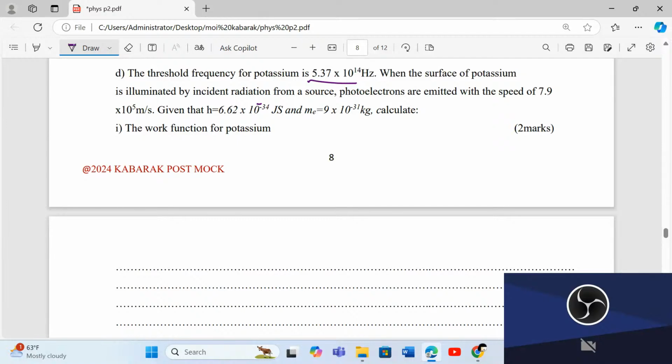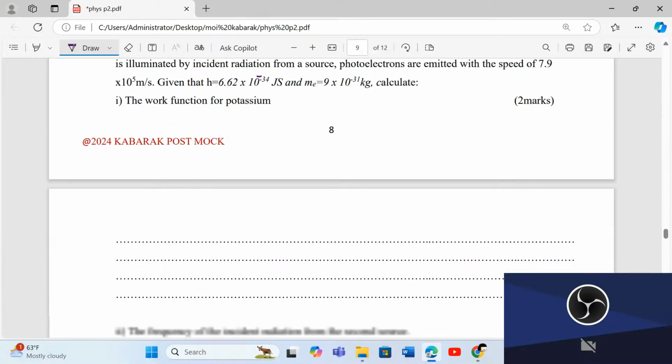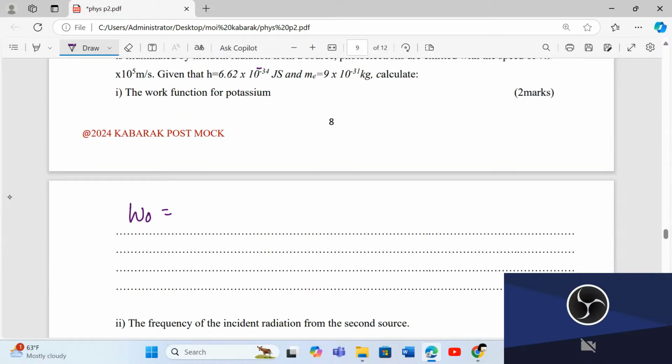Then we know that work function is given by hf naught. Therefore, this is 6.62 times 10 raised to power negative 34 times the threshold frequency we have been given as 5.37 times 10 raised to power 14 hertz.